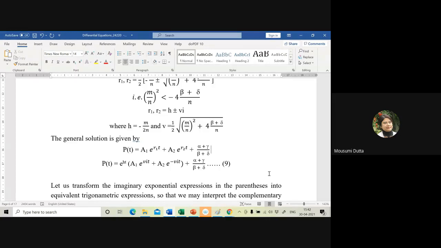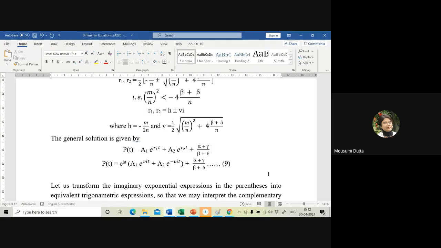In the rest of the part, we will explain how, from this structure using trigonometry, we can present it in terms of sine theta and cos theta, and then, applying the principle of derivatives of sine theta and cos theta, how we can explain that the time path will be oscillatory in nature. In case of equation 9, the time path will be oscillatory.